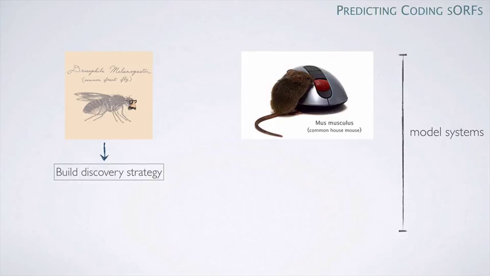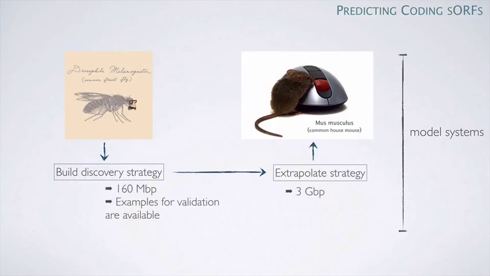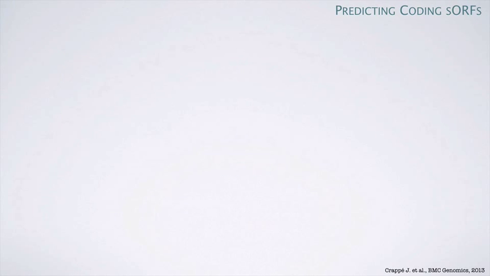We used the fruit fly to build a strategy, and then we extrapolated to mouse, mainly because for fruit fly we had a smaller genome, of course, and we also had only a few examples to validate our findings.